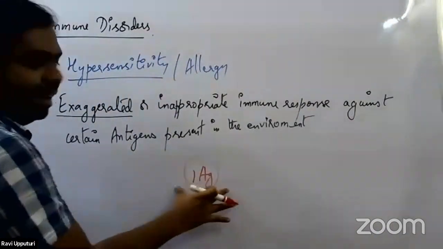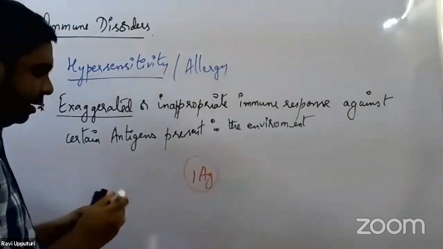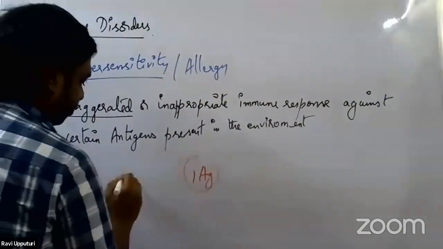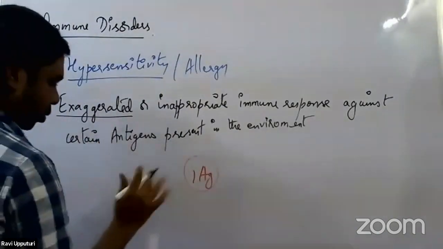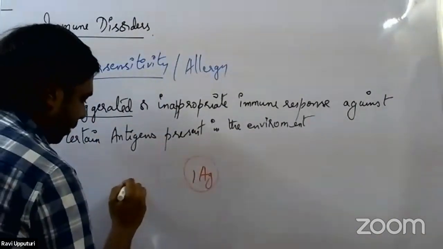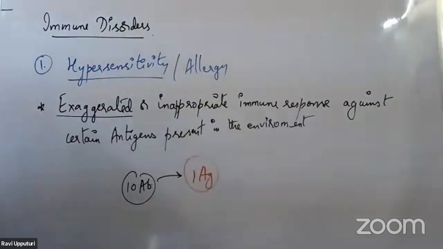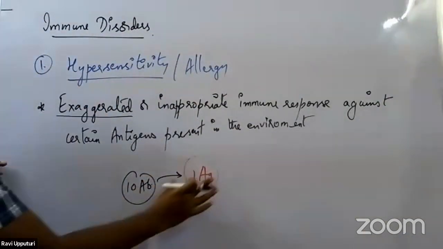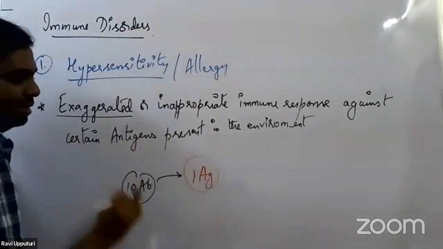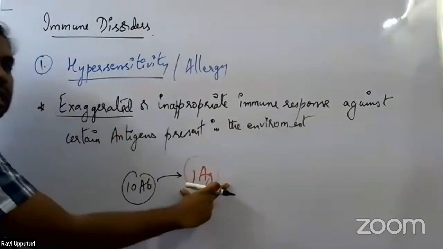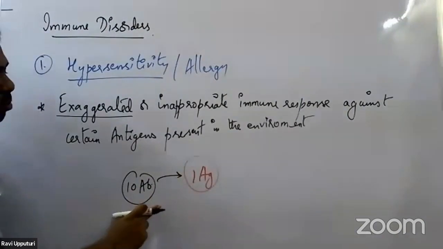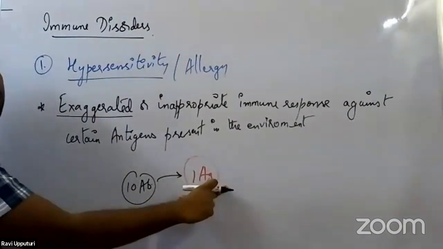To target this single antigen, say 10 antibodies would be sufficient. Just an example, right? Don't take it as exact, just a simple example here. 10 antibodies would be sufficient to target this antigen. Normally, if there is one antigen entering into the body, 10 antibodies would be sufficient to bring about the complete destruction of it.